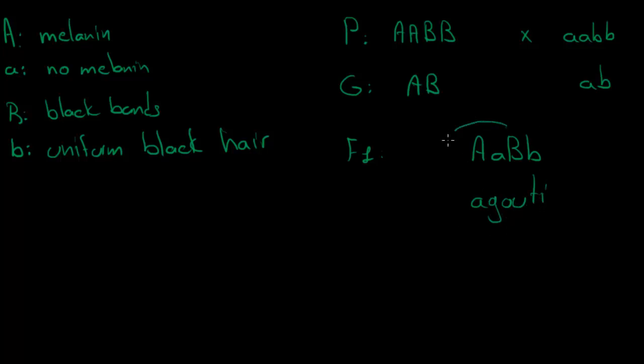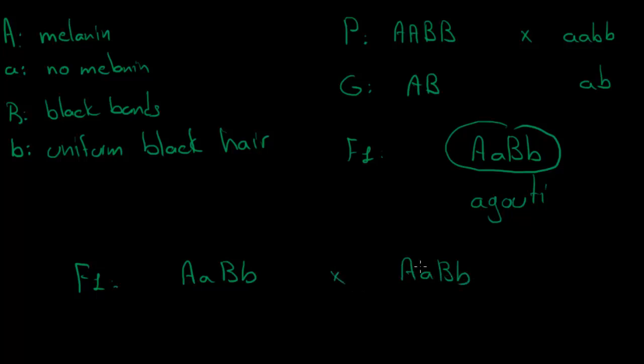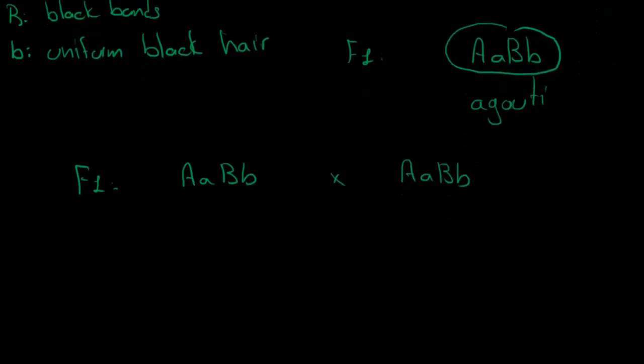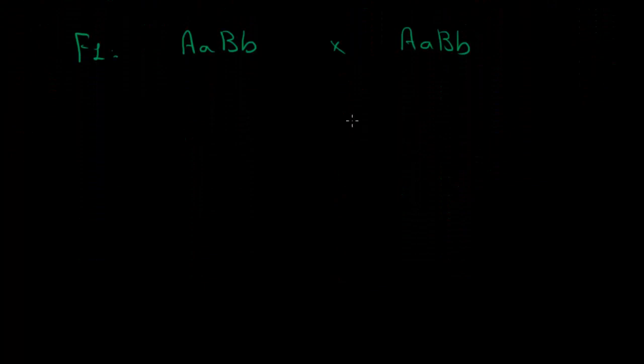Now, if I take the F1 generation and cross it, so let's say F1, and I take two parents that are heterozygous for both genes, things will get more complicated and we're going to have more phenotypes. So gametes can be AB, Ab, aB, ab.